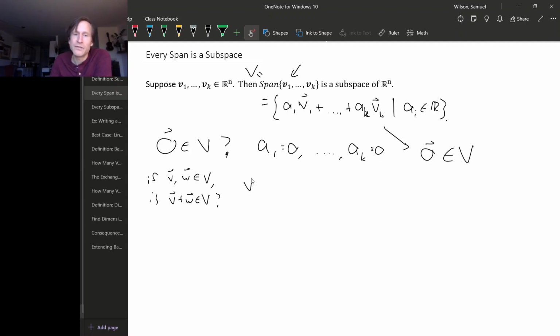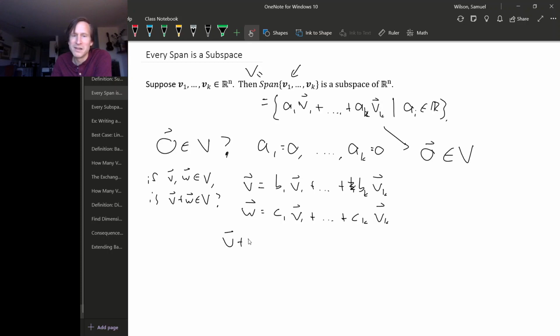Well, if little v is in the span, then that means we can write it as b1 v1 plus and so on up to bk vk. And we can do the same thing with w. Since it's in this span of the little v's, we have to be able to write it as c1 v1 plus dot, dot, dot up to ck vk.